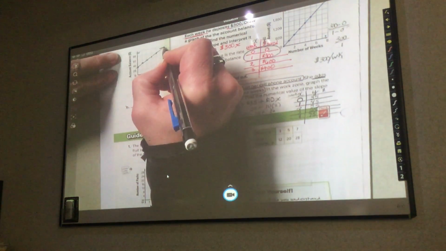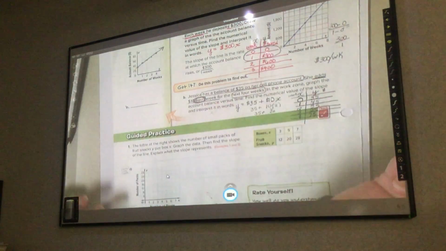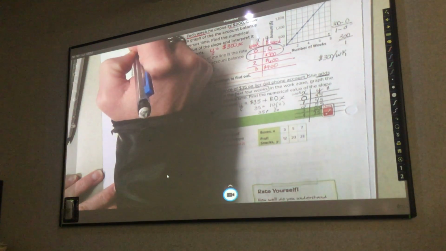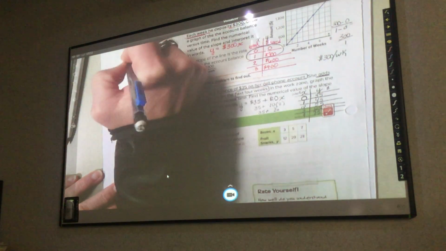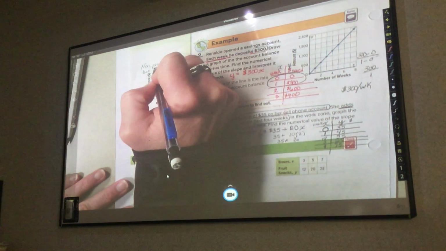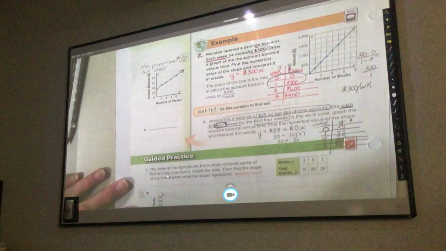What did I create? I created a straight line, but it did not go through 0. So up on the top, I'm gonna write non-proportional but linear, because it is a linear equation.